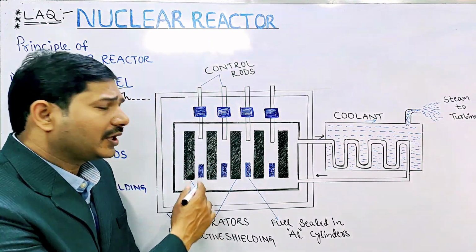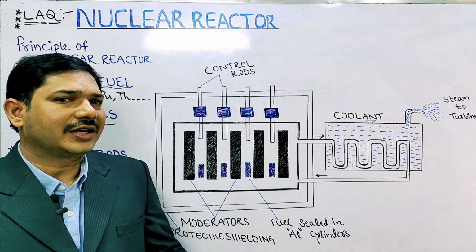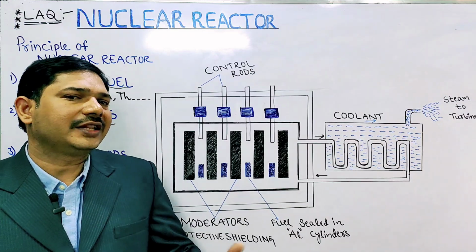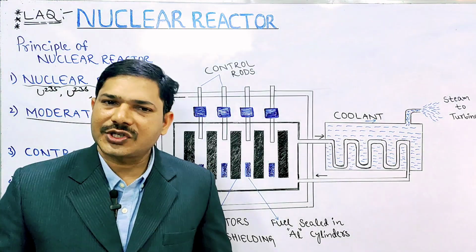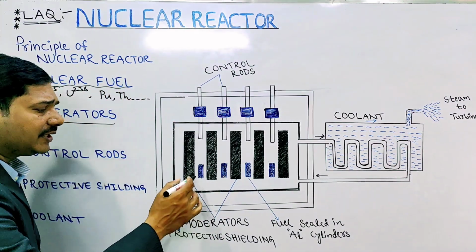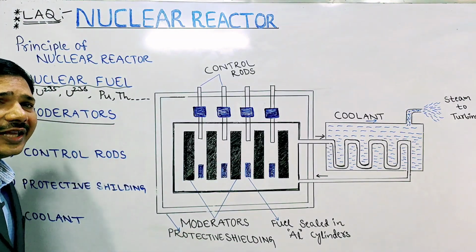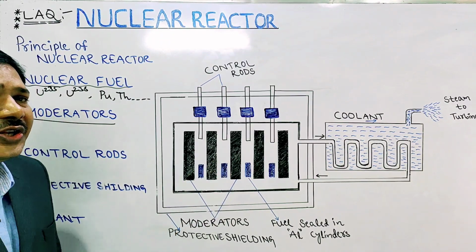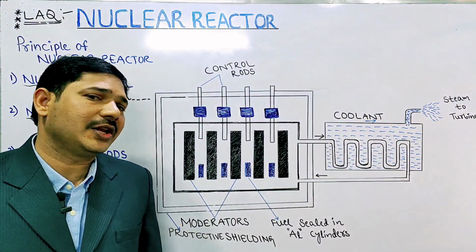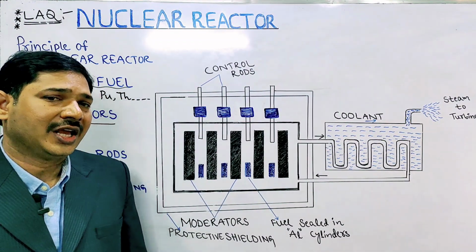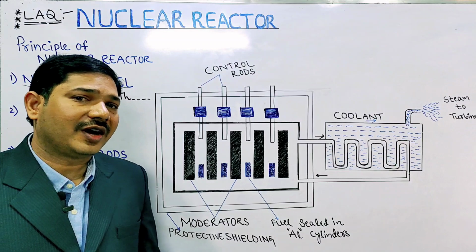After splitting into two fragments, a large amount of energy is released, and more neutrons are also released, which may be fast moving neutrons.